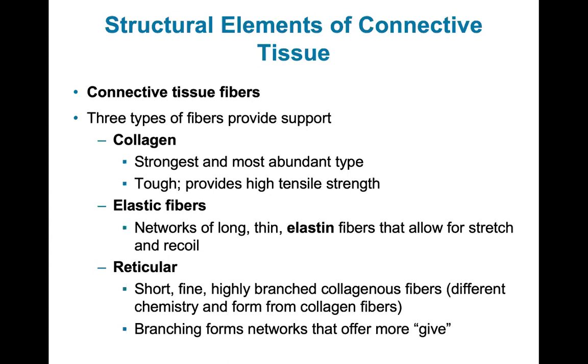And then reticular fibers, these are short, fine, highly branched collagenous fibers. Different chemistry and form than we see with the collagen fibers. With reticular fibers, you're seeing more of a branching network. That actually just gives a little more give to the tissue.